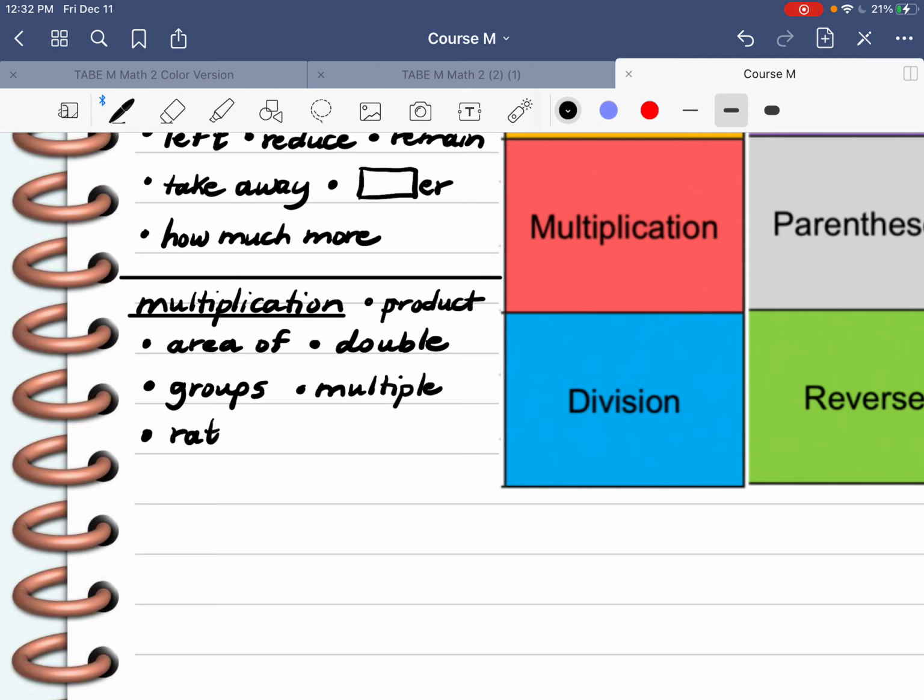Rate. Rows of. Sets of. Times. Triple. Twice.